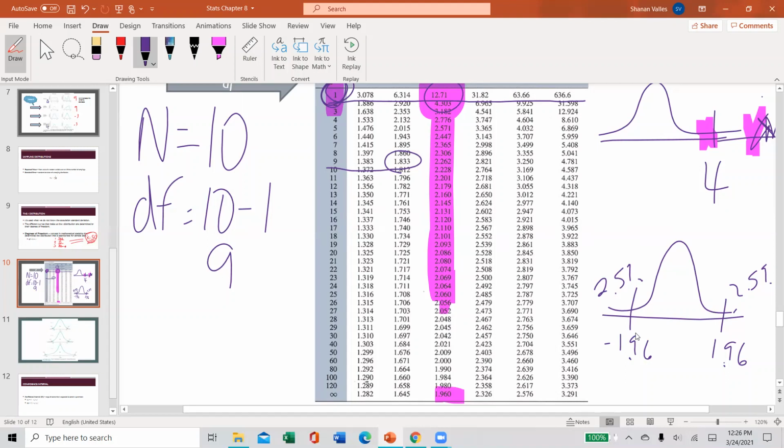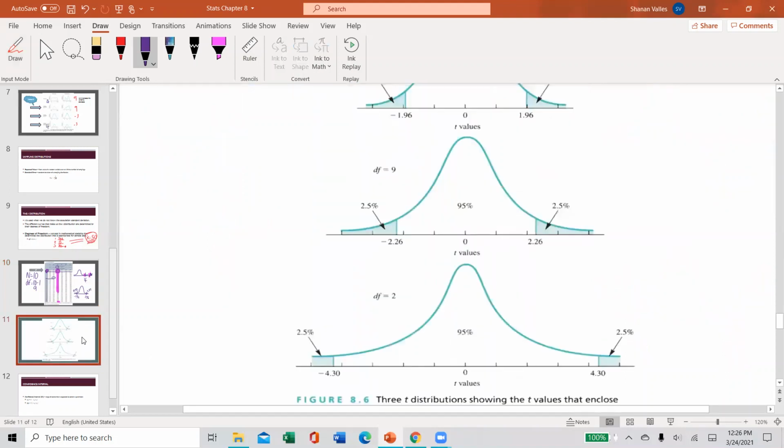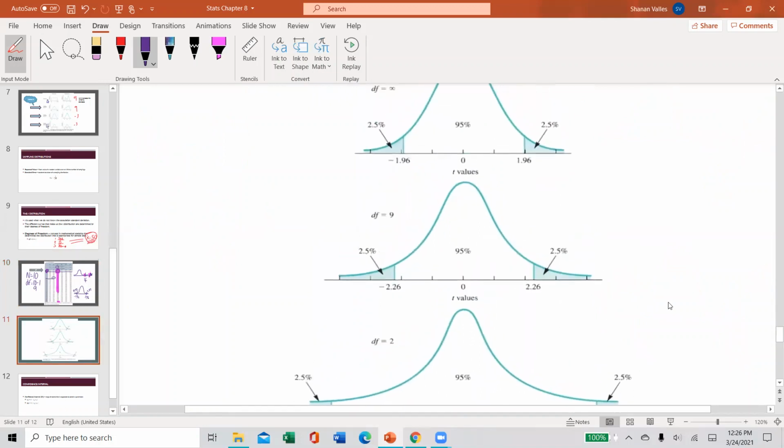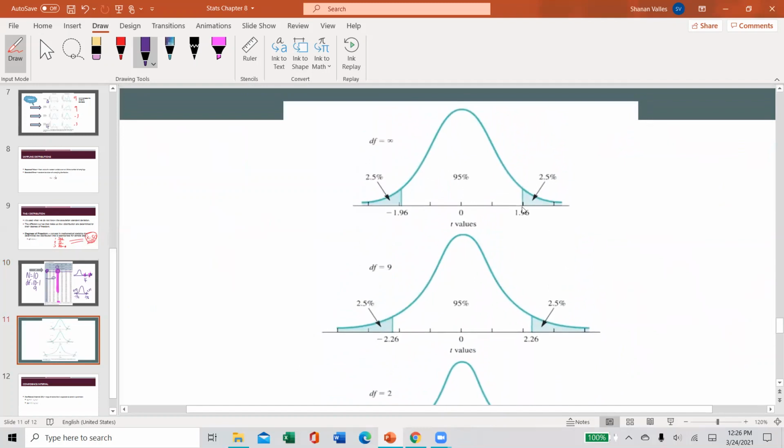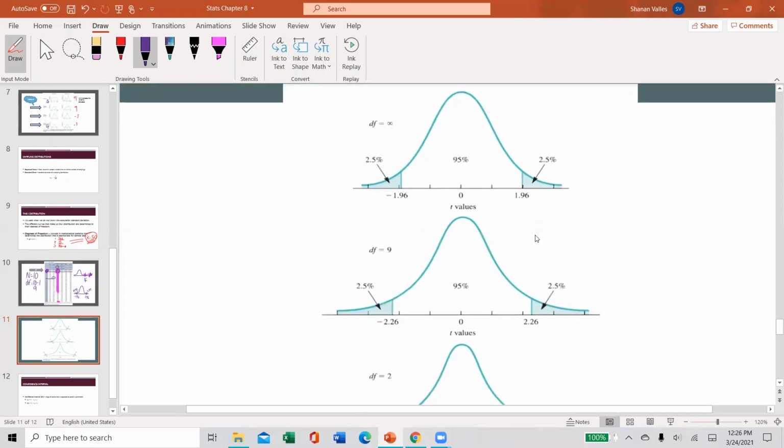But I'm probably way nerding out, and I know I'm going way over. But here's showing exactly that. With the degrees of freedom of infinity, just meaning you have a very big sample size, 2.5% on this side, there's that negative 1.96 t-value, and 1.96.